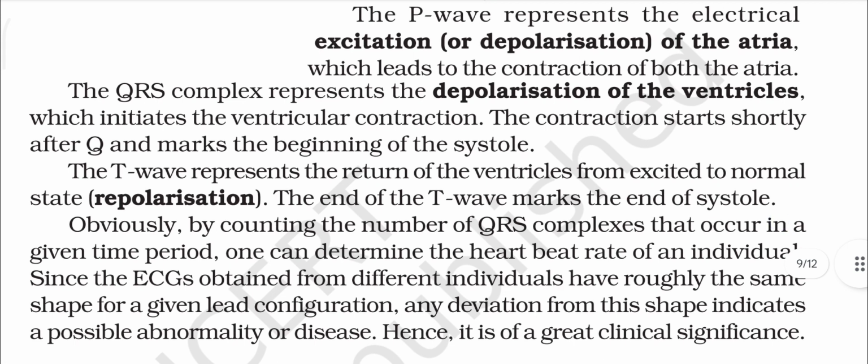The QRS complex represents the depolarization of the ventricles, which initiates the ventricular contraction. The contraction starts shortly after Q and marks the beginning of the systole. The T wave represents the return of the ventricles from excited to normal state.